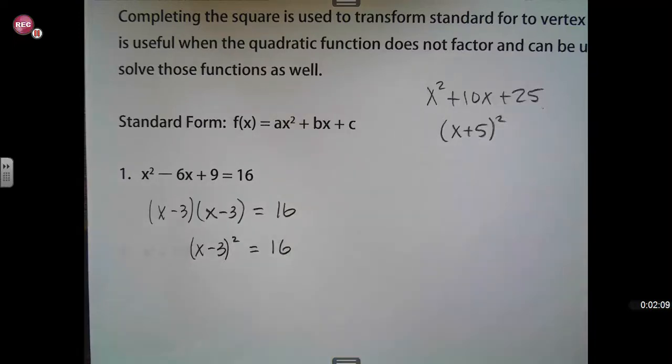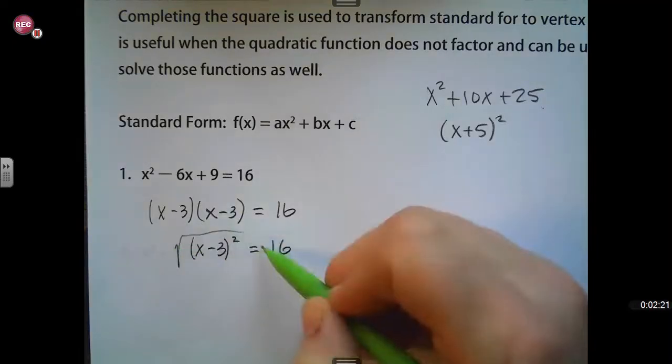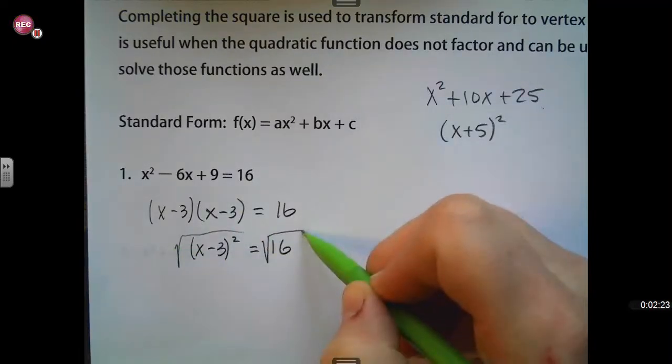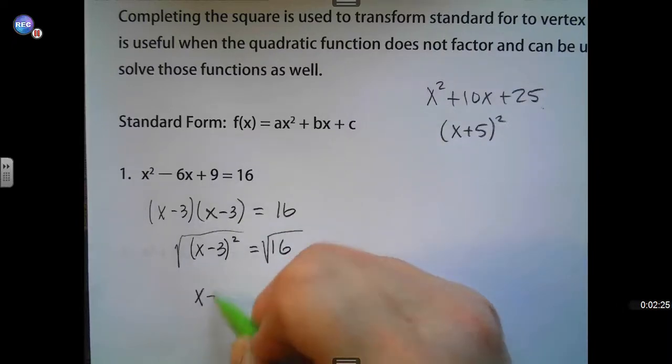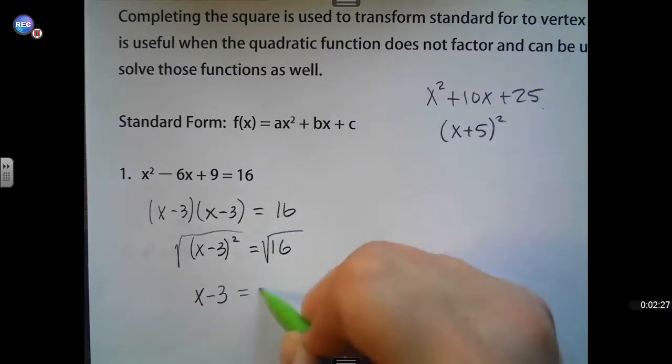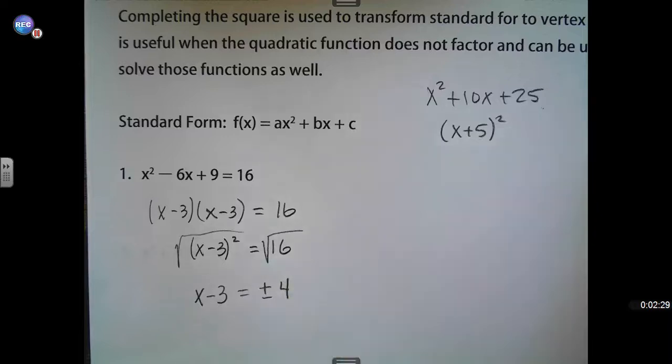And this is why we practice taking the square root of both sides, because that's how we're going to solve this now. We take the square root of this side and the square root of this side, and we get x minus 3 equals plus or minus 4.